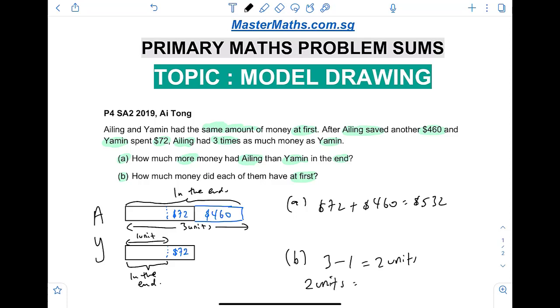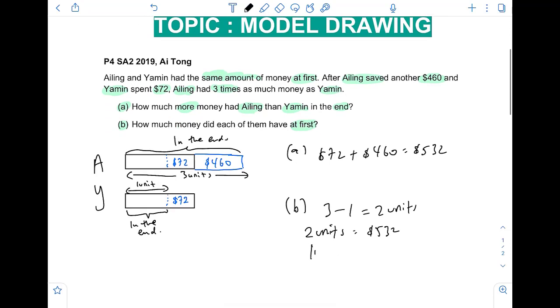2 units will be equal to this box right here, which is the difference, $532. We proceed to find 1 unit. 532 divided by 2 is $266.